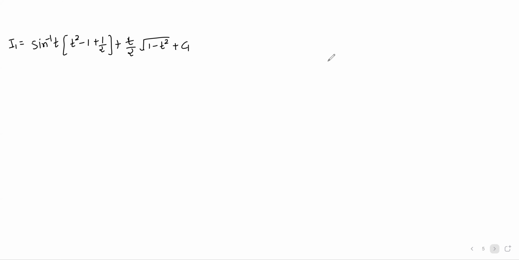It is I1, so we are putting here c1. So sin inverse t into t square, 2 t square and this minus 2 plus 1, so minus 1 upon 2, plus t by 2 under root 1 minus t square plus c1.